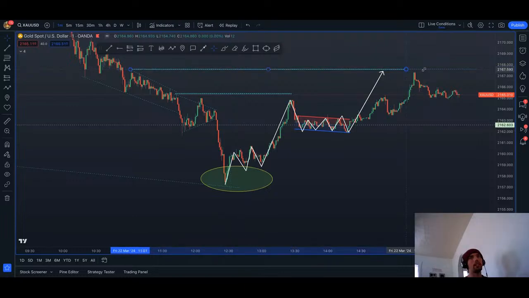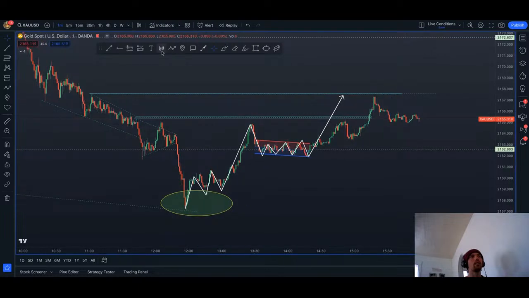But catch what happened here. That was our first price that we were looking at. Price near misses it, comes back down below, and then guess what it does? Pushes up higher. So let's mimic this.